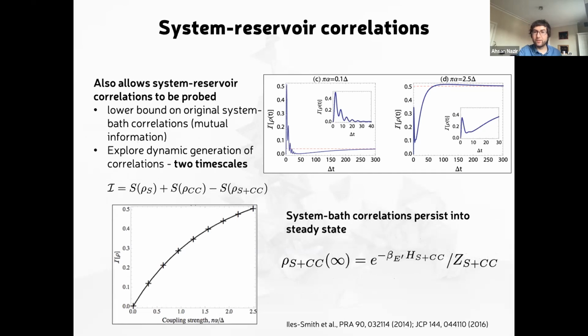So the Hamiltonian here is the Hamiltonian of the system plus collective coordinate, and then the temperature scale is set by the temperature of the residual environment, so the part of the environment that's assumed to remain in thermal equilibrium. And just to emphasize, if I were to trace out the collective coordinate, I would not now have a thermal state of the system itself with respect to its energy eigenbasis.